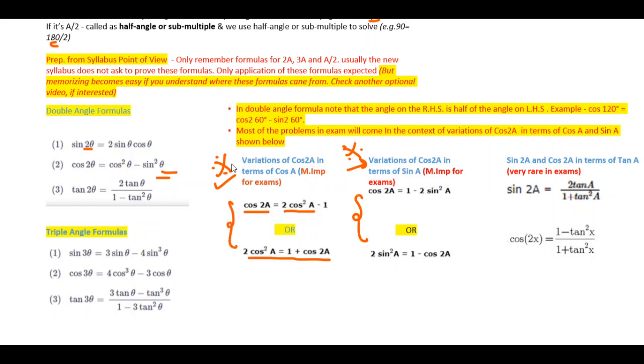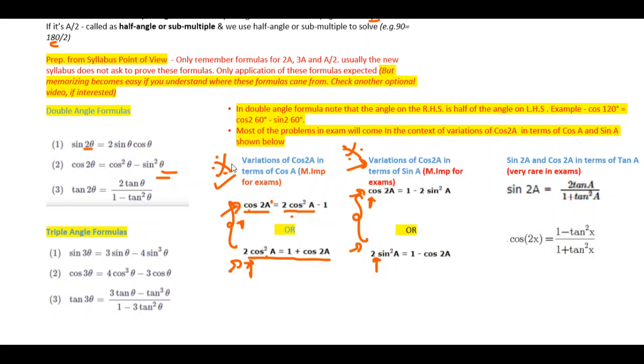So you'll be applying this, or this, or this, or this. One of these you'll be applying between these two. So you might apply this and this, but within these two, either you'll be applying this or this. So this is very important.